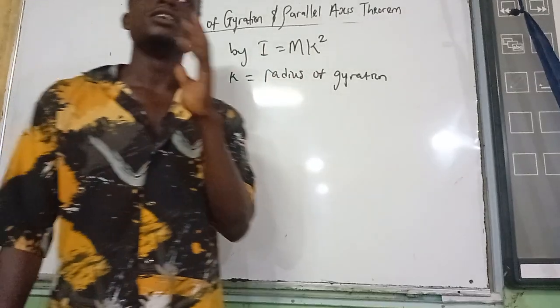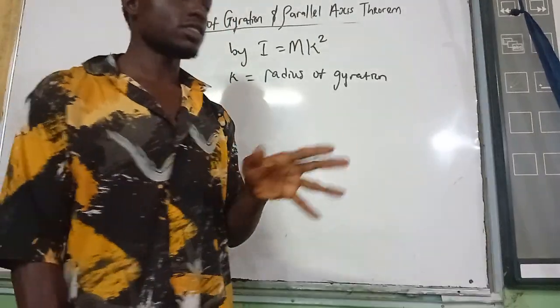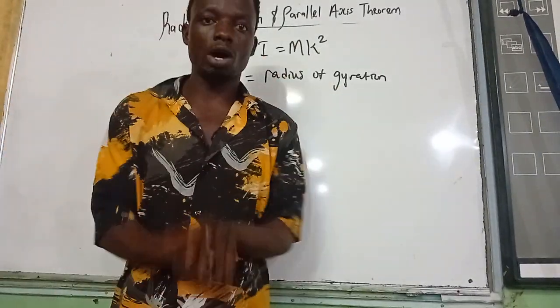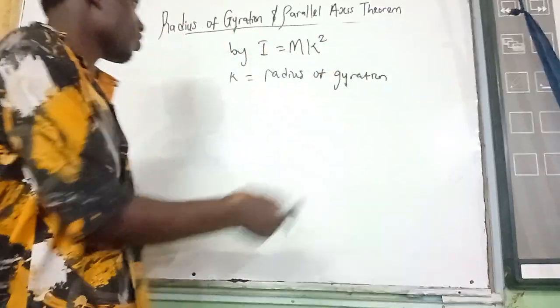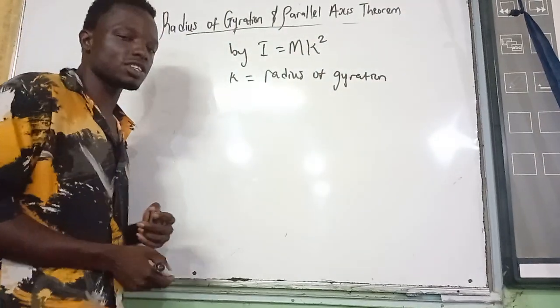And take note, radius of gyration varies depending on the body you are taking cognizance of. For instance, let's use a uniform circular disc as an example.